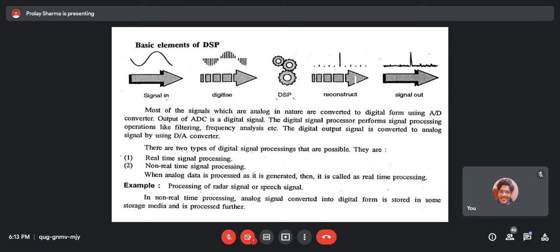Now the basic elements of digital signal processing. In the real world, all the signals we receive are analog in nature, such as sound waves. This is called the signal input. To process the signal under digital signal processing, first we need to convert it to discrete form.